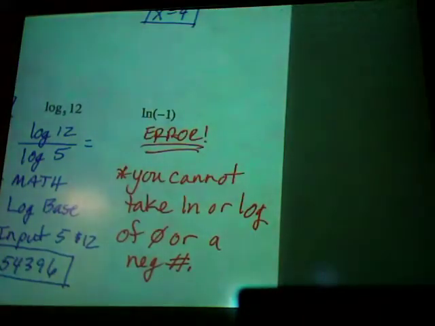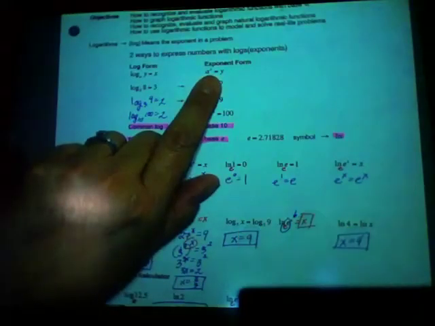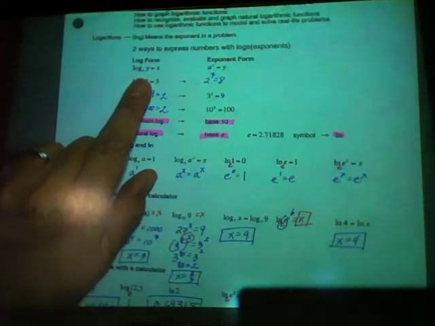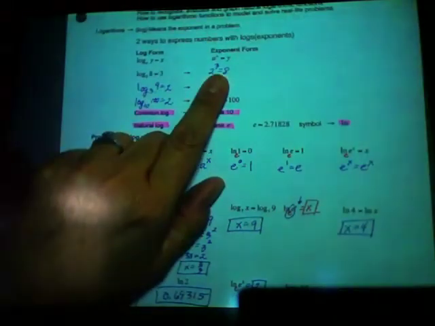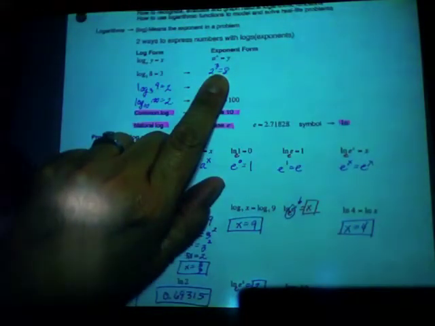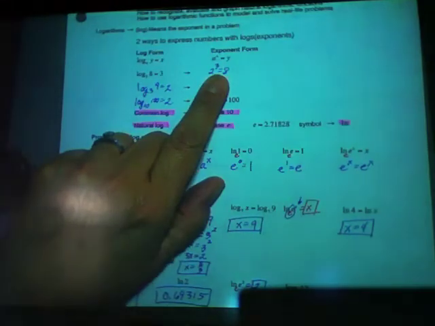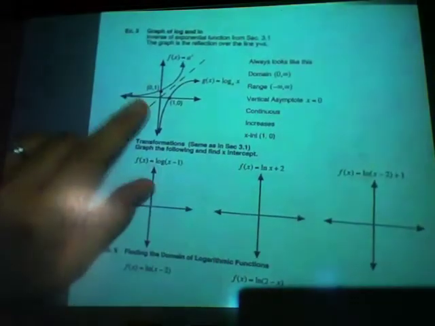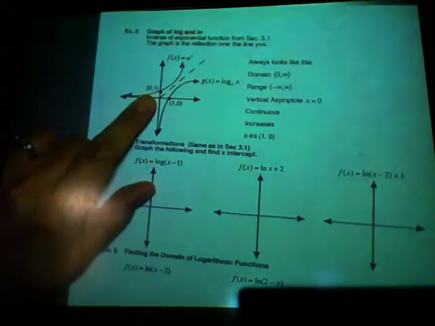Remember what the graph is of, let's look back here. What's the graph of this? Because log base a of y equals x, isn't that the exponential form? What's the graph of that look like? Well, flip it over. Isn't this a to the x?